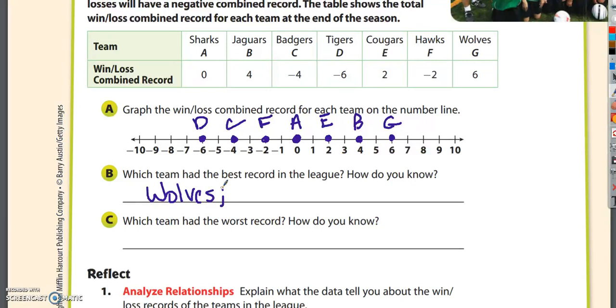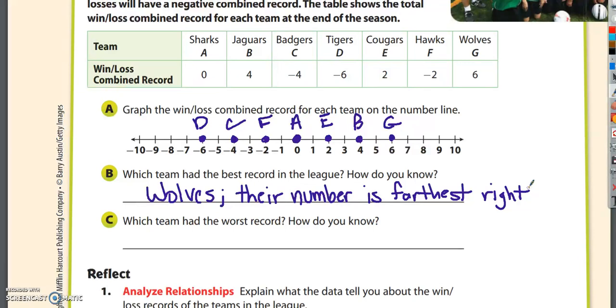And one thing we could do is we could say their number is farthest to the right. And we're going to use the terms furthest right and furthest left a lot in this lesson. So I'm just going to go ahead and start practicing here. Now that's not the exact answer for question B. You could have written your answer a little bit different. The team is definitely the Wolves, but how you explain that varies.